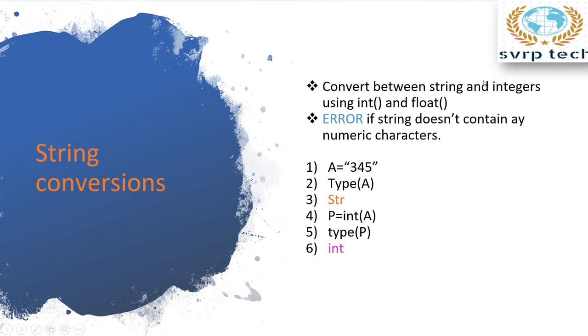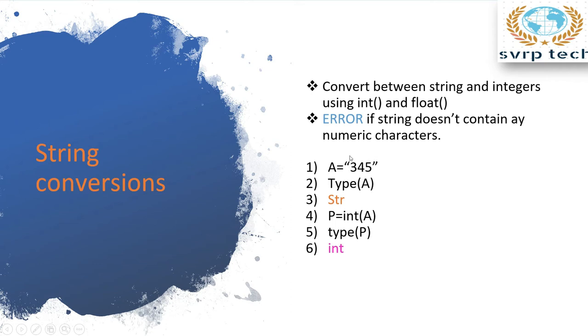Now let's see string conversion. Convert between string and integer using int and float. Whenever you are going to convert a string to an integer or a string to a float, you need to use int, and within the parentheses you need to write the string variable. That you will see in the execution part. Let's see, a is equal to double quotes 345.